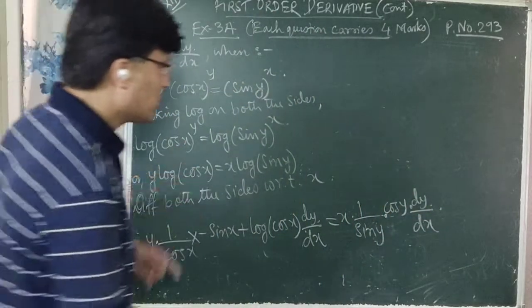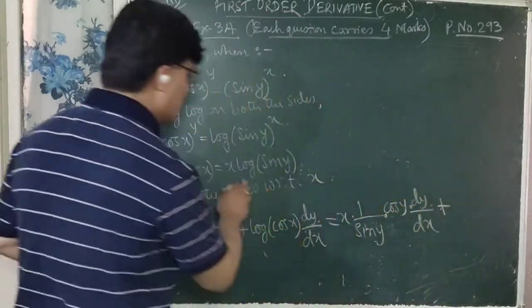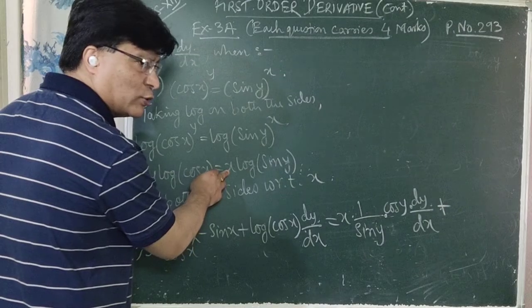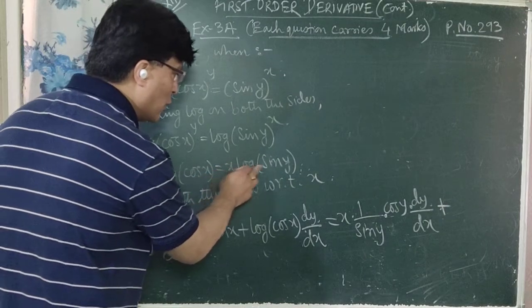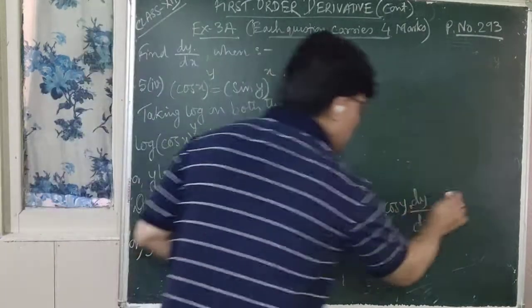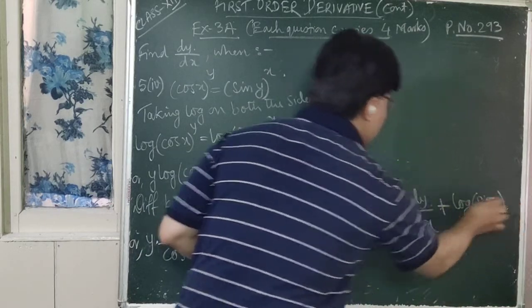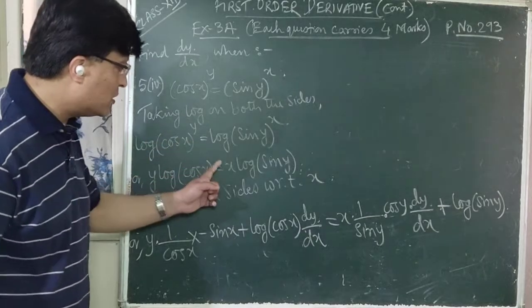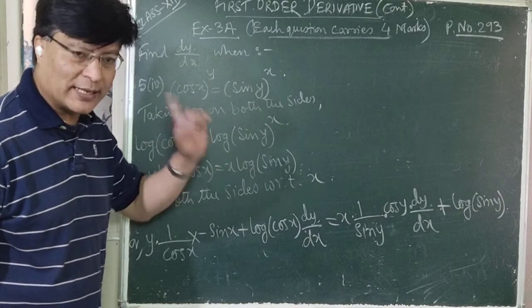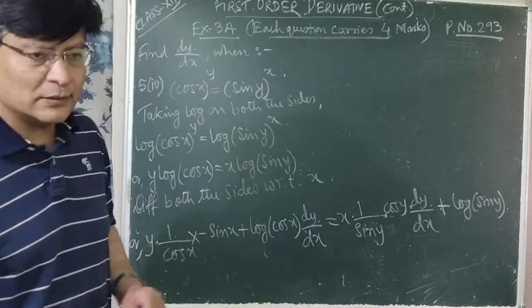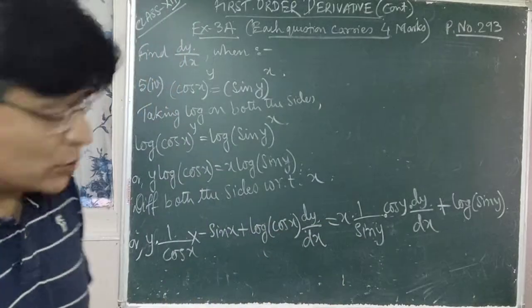Okay? Plus, again you have to differentiate x with respect to x, keeping log of sin y the same. That is, log of sin y is kept as it is into, what is the differentiation of x with respect to x? That is 1. Is that clear? So this is your differentiation.